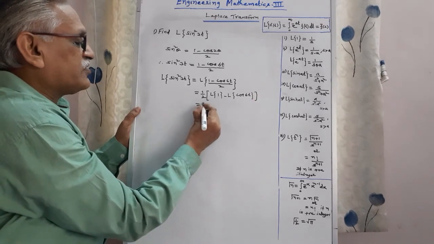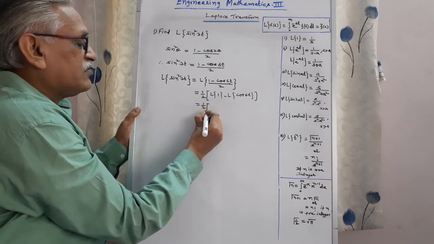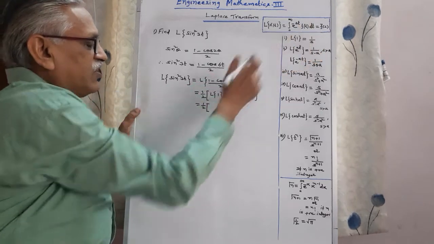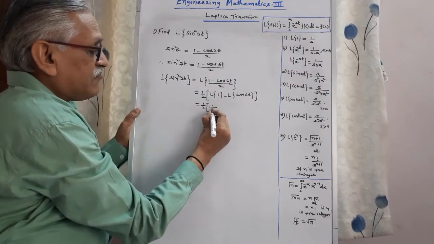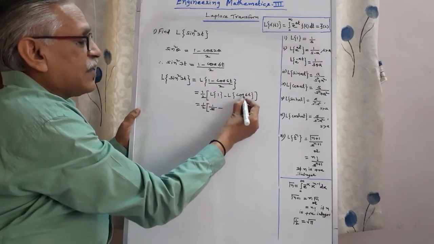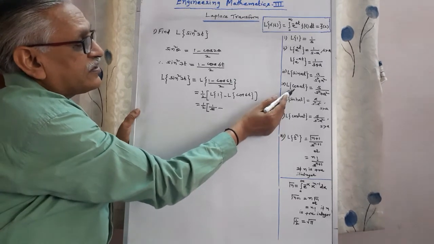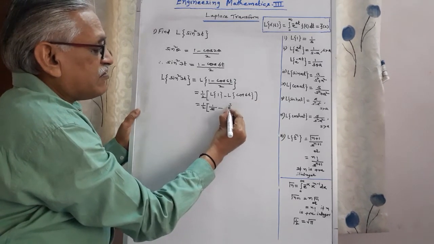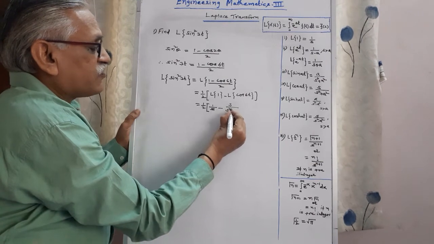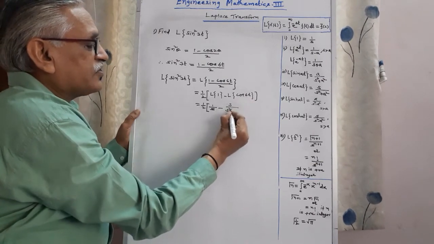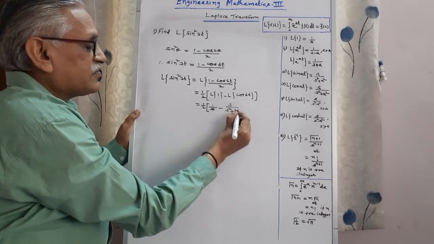Then using the standard results, Laplace of 1 is 1 by s, Laplace of cos at is s divided by s square plus a square, a is here 6, 6 square is 36.